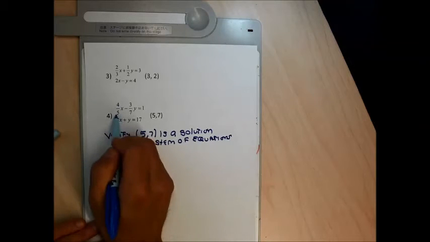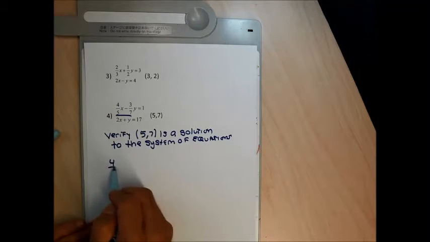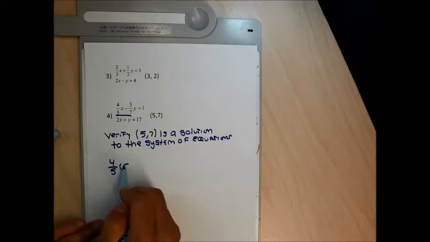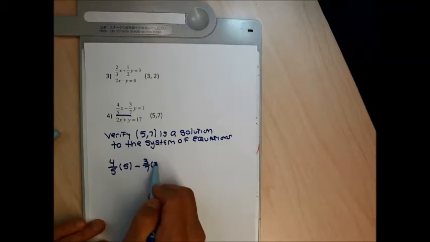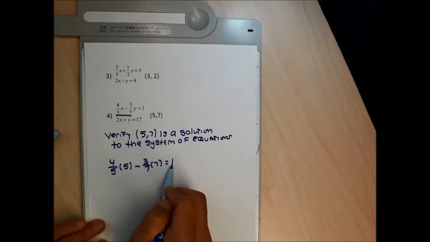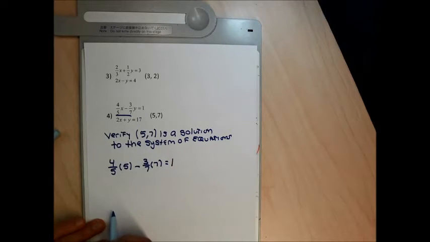So in my top equation, I'm going to go 4/5 times 5 minus 3/7 times 7, and that has to equal 1. And for my bottom equation, I'm going to go 2 times 5 plus 7, and that has to equal 17.